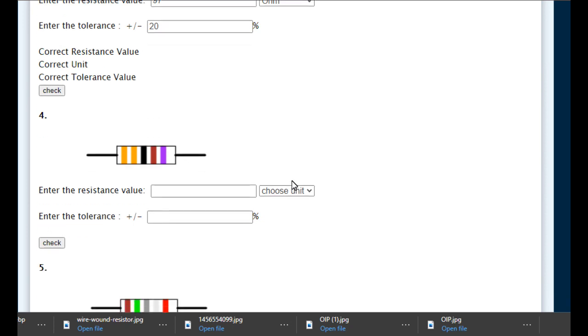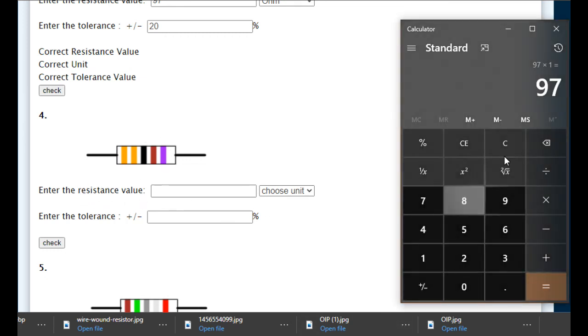Now the fourth one, as this figure shows, is a metal film resistor having 5 color bands. So read it carefully. The first two bands are 3 3, the third one is 0, and the multiplier is brown, which means 10.